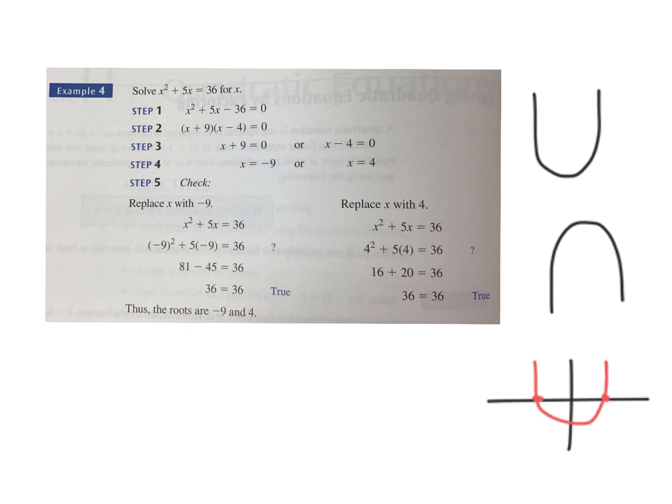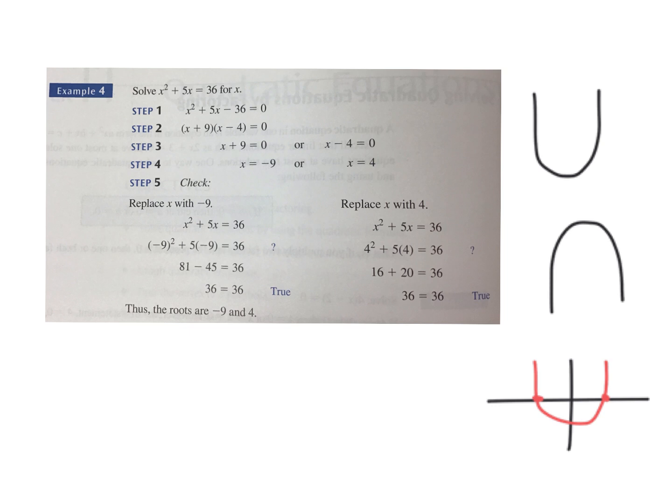And you can put this in your graphing calculator, and you can also put them in Desmos, and I'll show you how to do both of those. But what you're trying to do is solve to figure out what are the two places that this parabola quadratic is located on the x-axis.